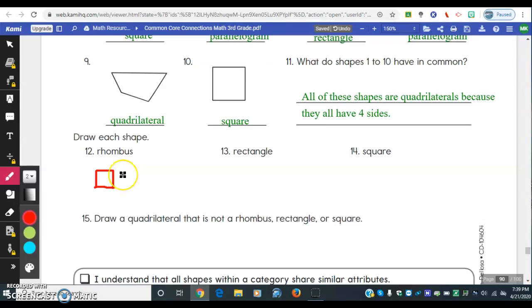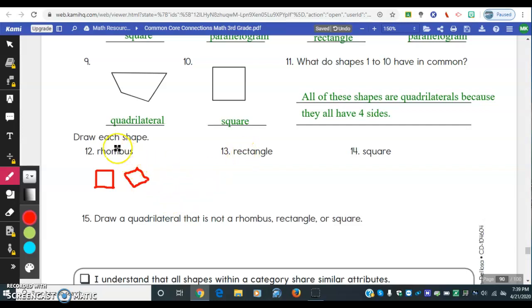But if you want to try the smushy kind of rhombus, the one that looks like a square that's been smushed, you can go kind of diagonal when you make your sides. Just try to make them all the same length. Think of a square that's been stepped on a little bit. It's not the best drawing, but yeah, we make do.